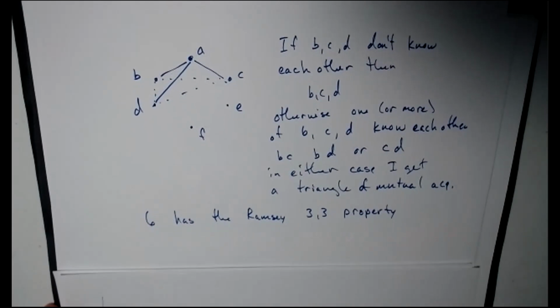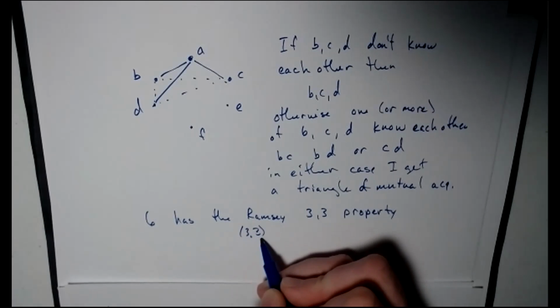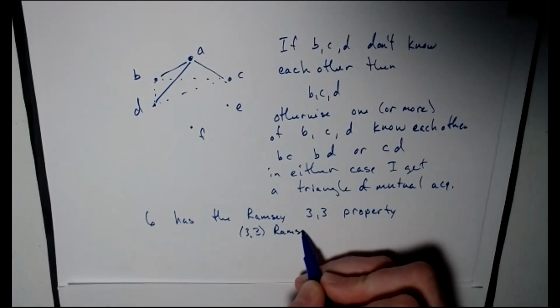I got the C and the Q in the right order at least. Let's see. So 6 has the Ramsey 3-3 property, which in order to see that language, our book says the 3-3 Ramsey property.